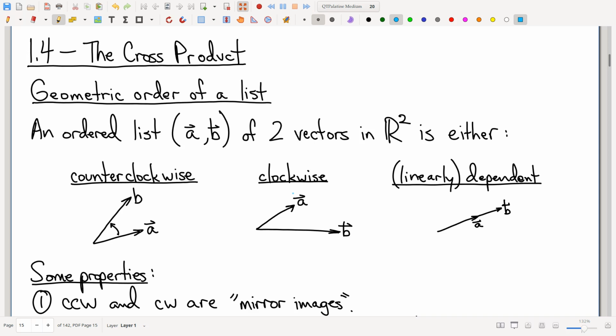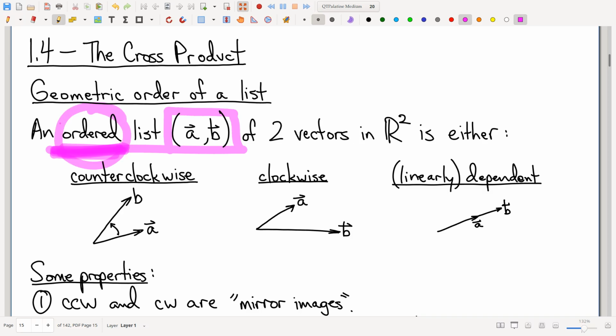I'm going to introduce a new geometric idea, possibly new. I don't know. It depends on your 218 or 221 instructor. But here we go. So when you have a list of vectors, and I emphasize here, lists are ordered. In fact, I wrote ordered list. Technically, that is superfluous.